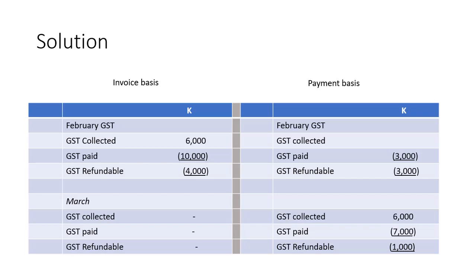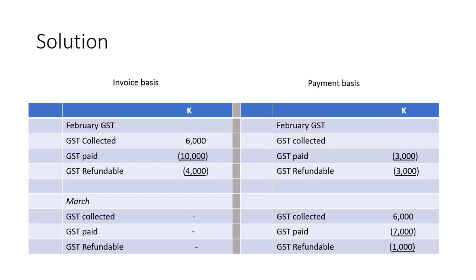If the opposite happens, then that will be GST net payable. So in this case, February, under invoice basis, we have GST refundable 3,000. But for the payment basis, we don't have GST collected, but we have GST paid 3,000. So the GST refundable for February under payment basis will be 3,000.